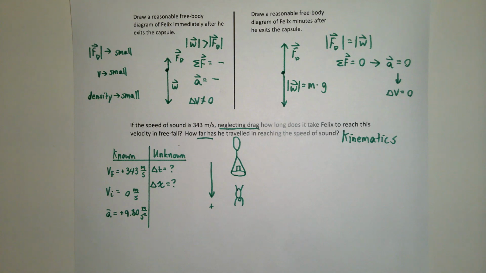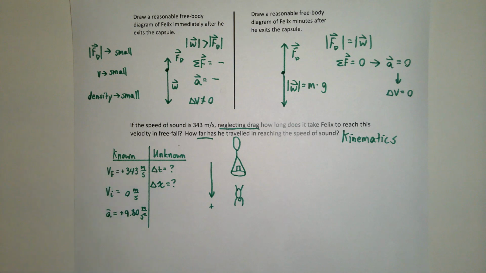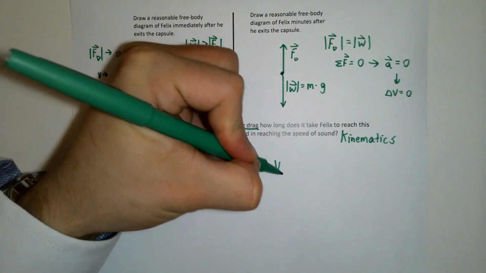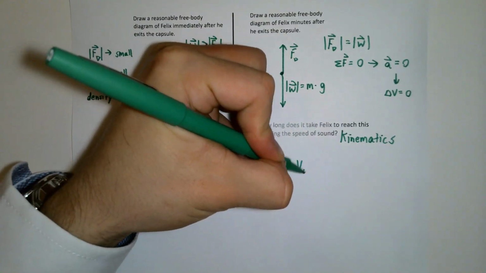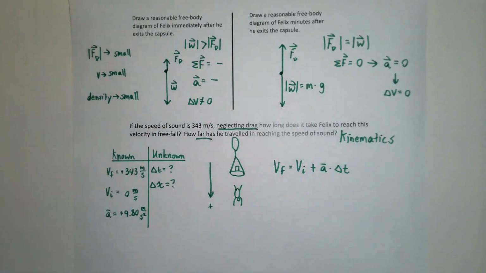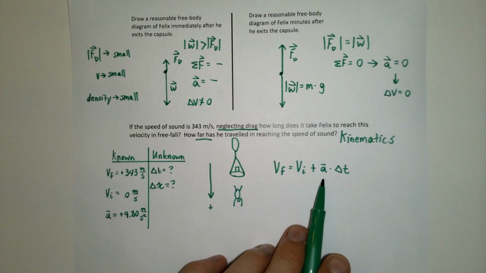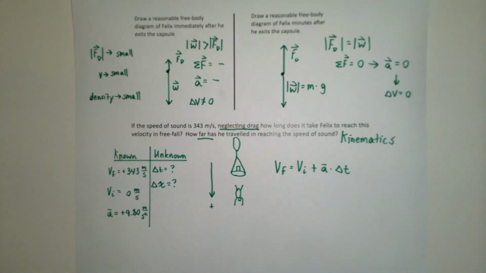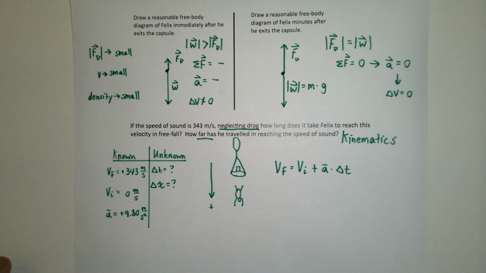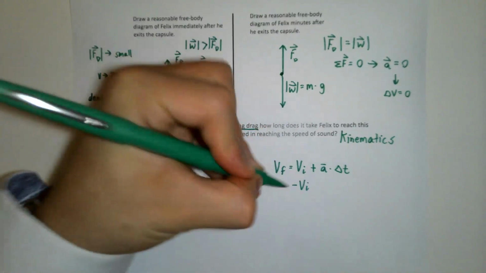Our first task is to find how long it takes him to reach that velocity. We need a kinematics equation that relates these three knowns to this one unknown. We have our first kinematics equation to accomplish that. We know our final velocity, our initial velocity, and the acceleration. We just need to find time, our one unknown in this equation. To get time by itself, first I subtract initial velocity.